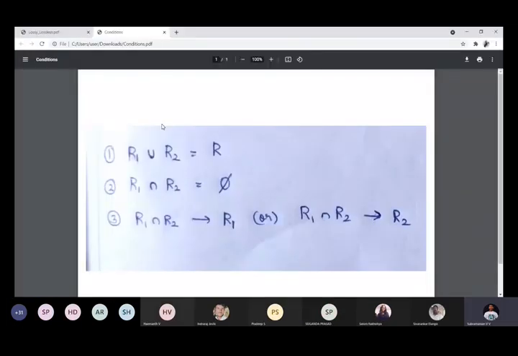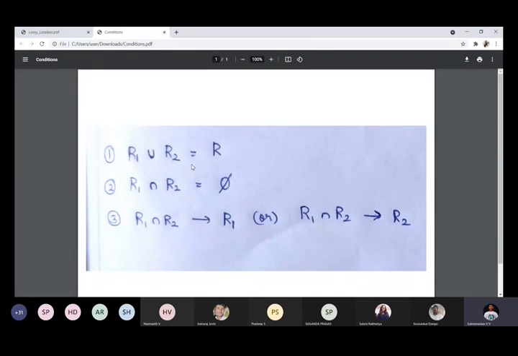Good morning, everyone. I'll start with the conditions which Saloni already mentioned. We have three conditions to make sure the decomposition is lossless. The first condition: take the union of the relations that are getting decomposed and check if that gives back the original relation. The second: take the intersection of them and check that at least one element is common between them.